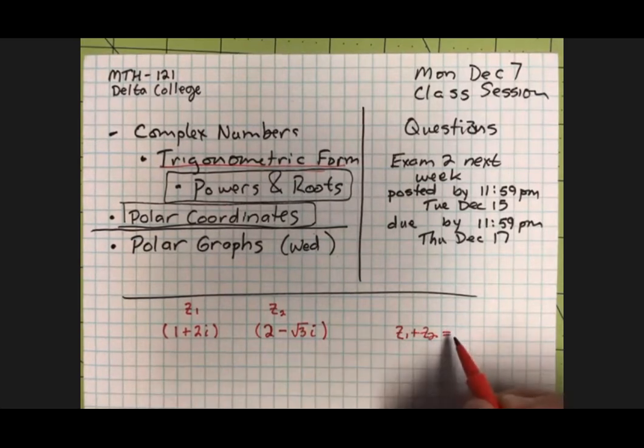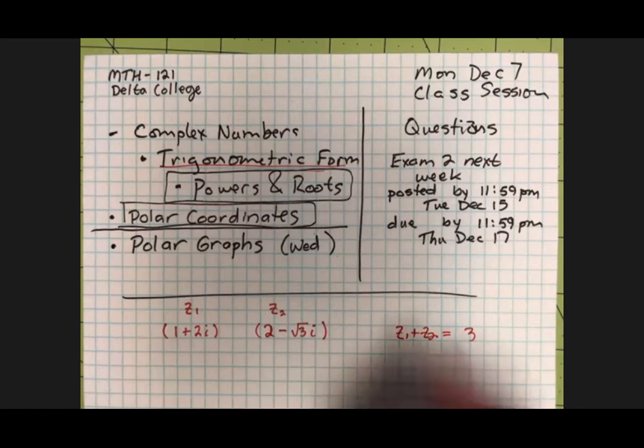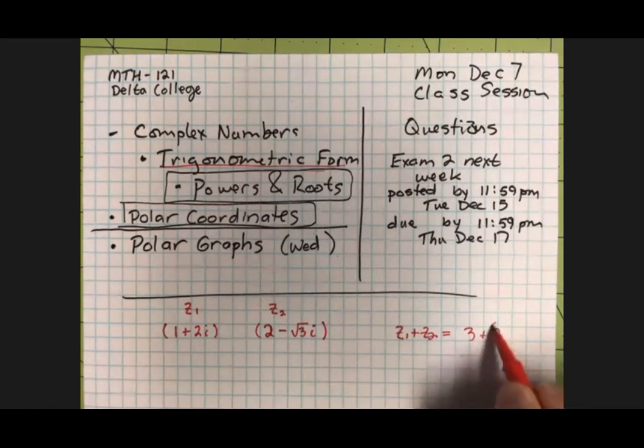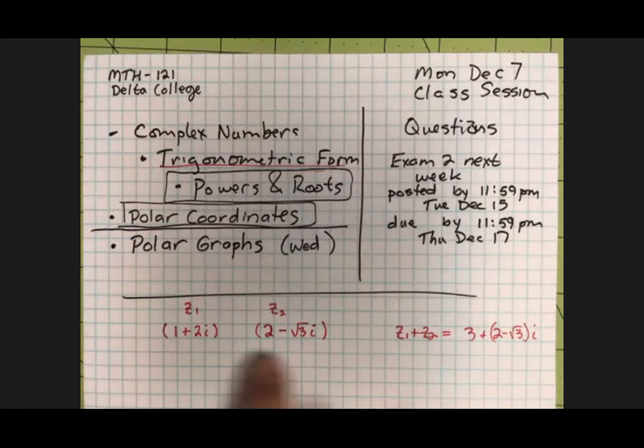I just get 3 for the real part and 2 minus root 3 for the imaginary part. I just add like terms. I can't combine 2 and minus root 3, but that's okay. I'll just write them together with the parentheses.